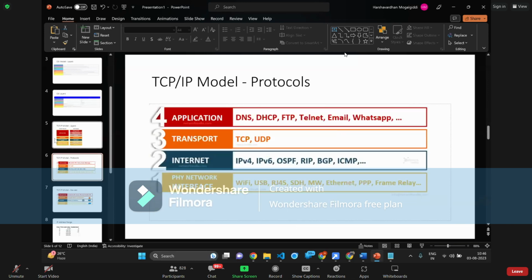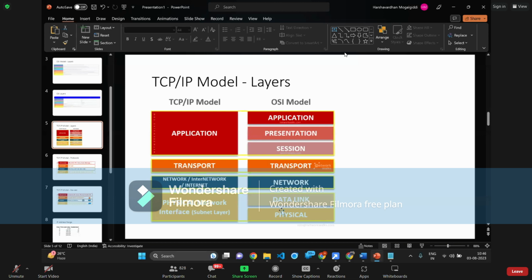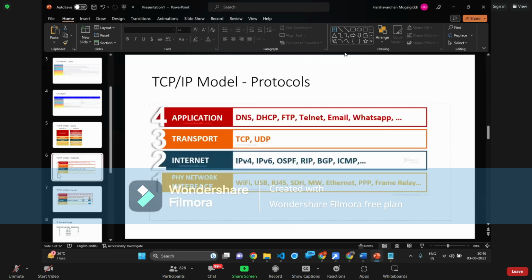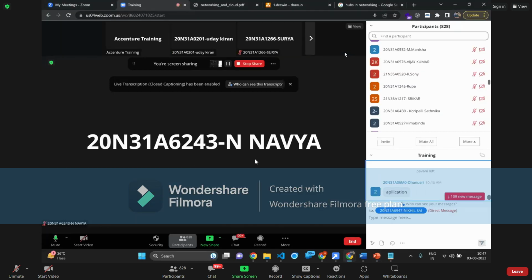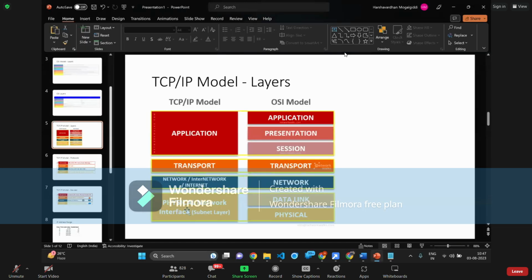So, different protocols. I hope you've understood how the layers are split between TCP/IP and OSI. Let us move further immediately to the different protocols that we've got. See, four major layers in TCP/IP: physical, network or internet, transport, and application.